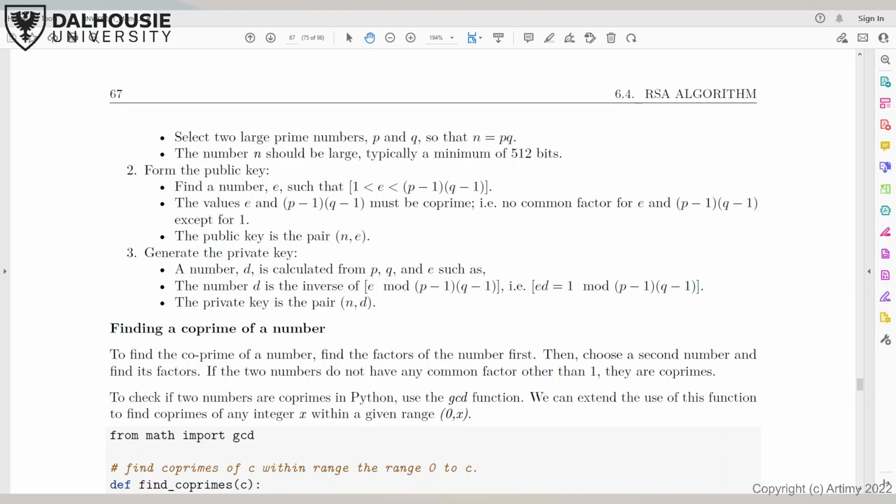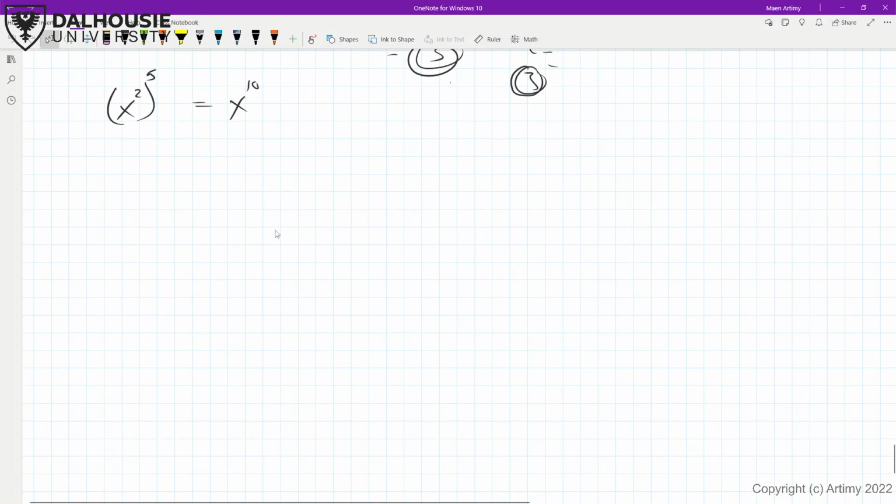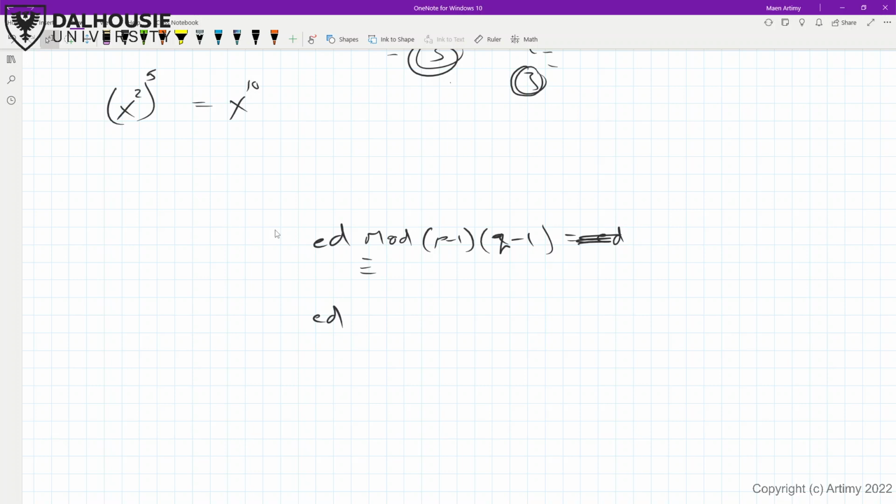I can write it this way, or I can write it this way: ED mod (P minus 1)(Q minus 1). These two forms are equivalent.